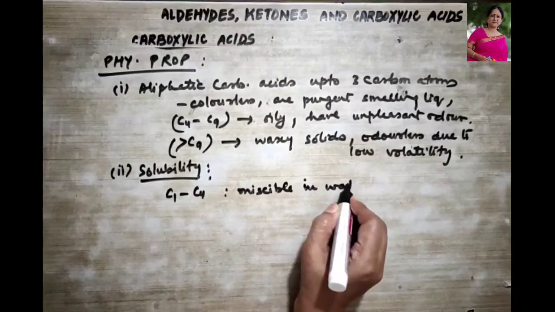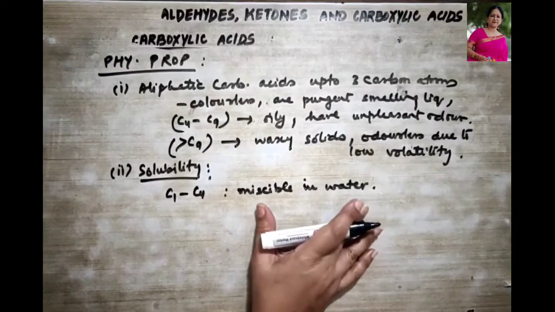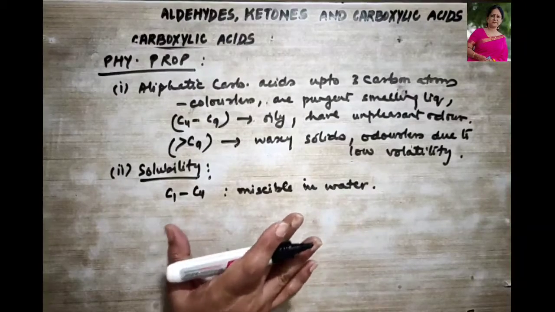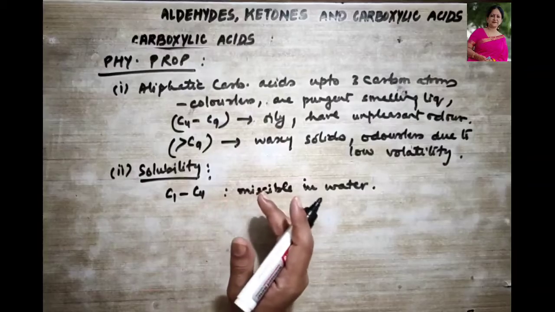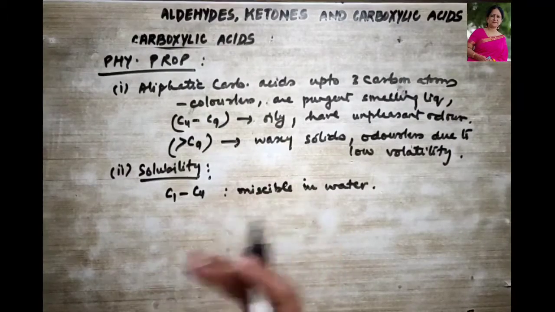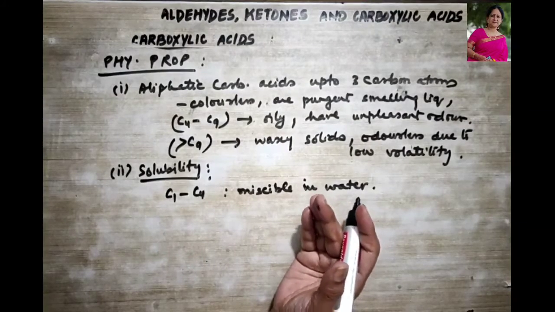Why are they miscible in water? Quite obvious, because of the hydrogen bond formation with water. The solubility decreases with the increase in the number of carbon atoms, which is due to the increased hydrophobic interaction of the hydrocarbon part.